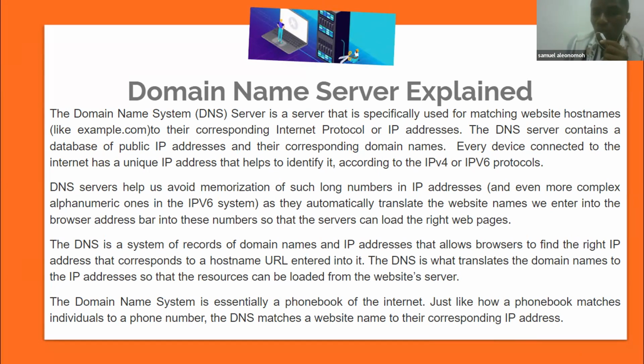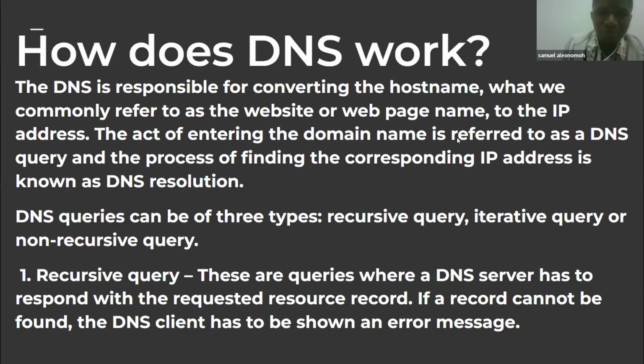A more practical way of picturing it is that the domain name system is essentially a phone book of the internet. Just like a phone book matches individuals to a phone number, the DNS matches the website name to its corresponding IP address.